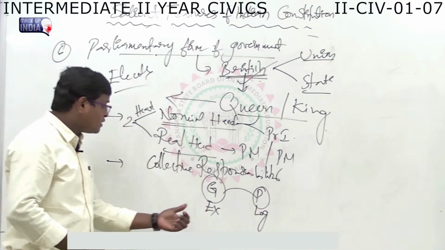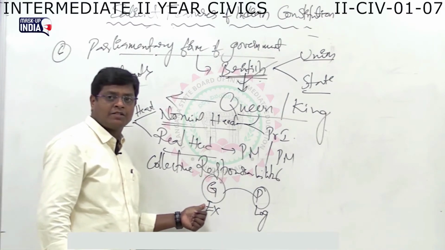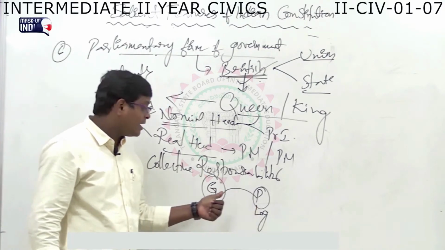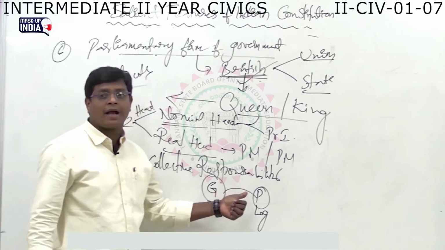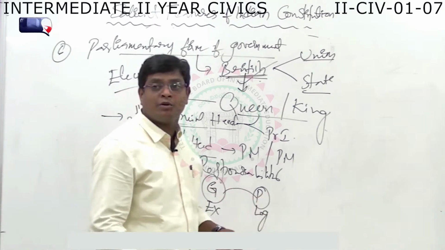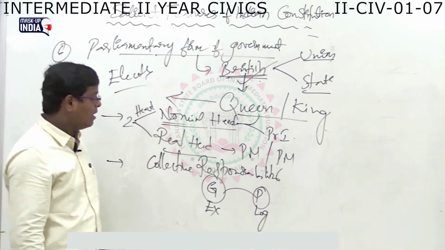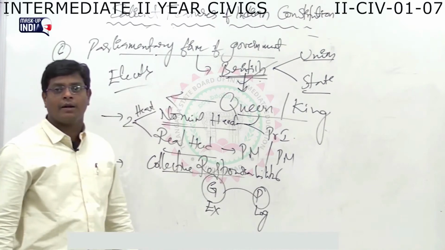Understood? The Prime Minister and Council of Ministers are collectively responsible to the parliament for their actions, for their omission and commission. They are collectively responsible to the legislature, nothing but the Parliament of India. That's why there is collective responsibility in the parliamentary form of government.